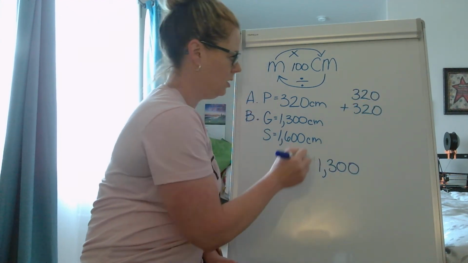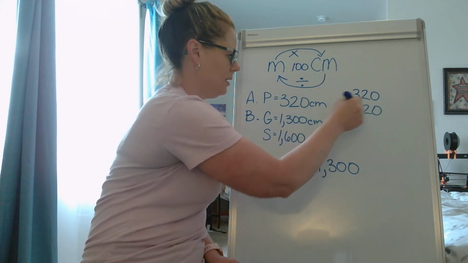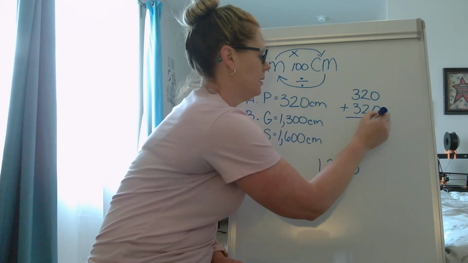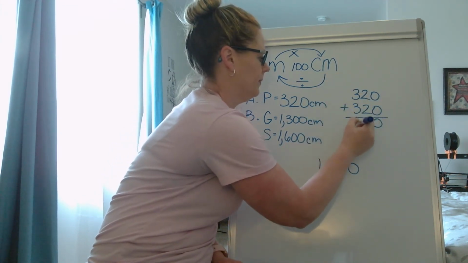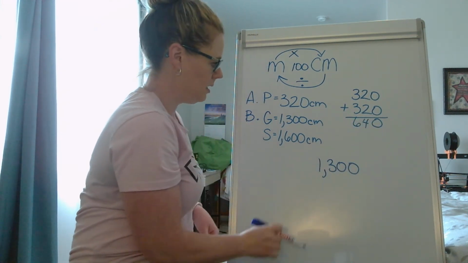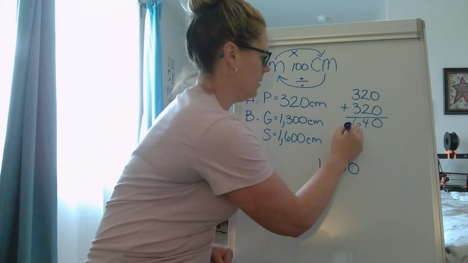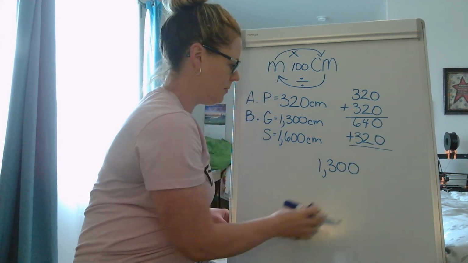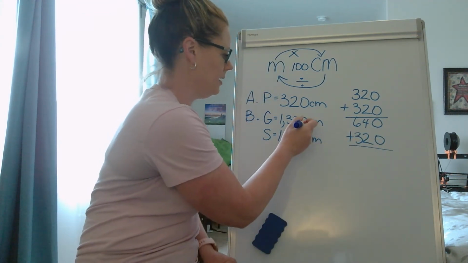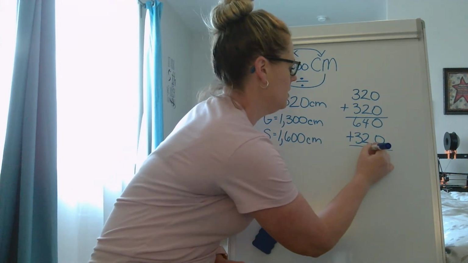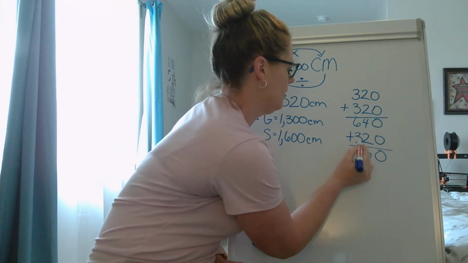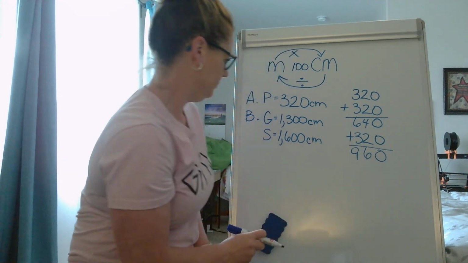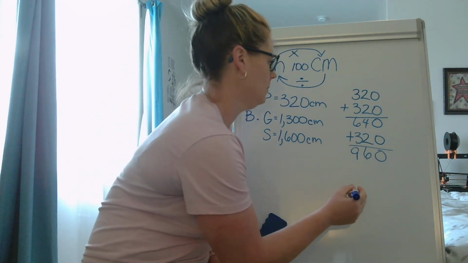And actually that's what I'm going to do. Okay, so here's one box, here's two boxes. And I'm going to add another one. That's 3 boxes. We're seeing how many we can get to 1,300. So 960. We can add another one.